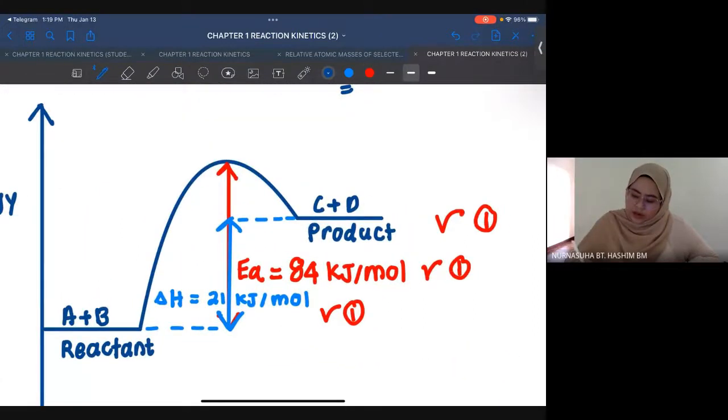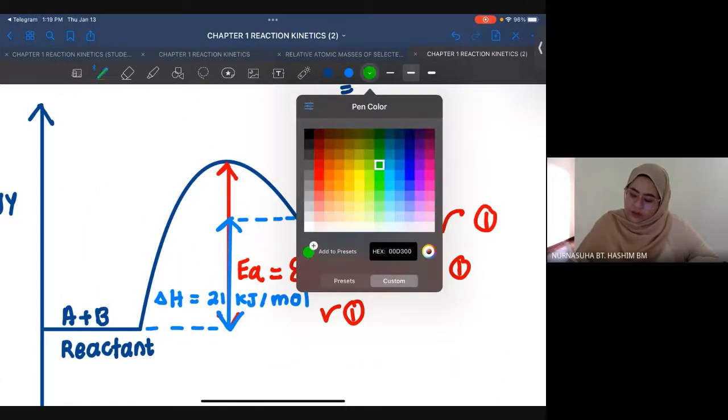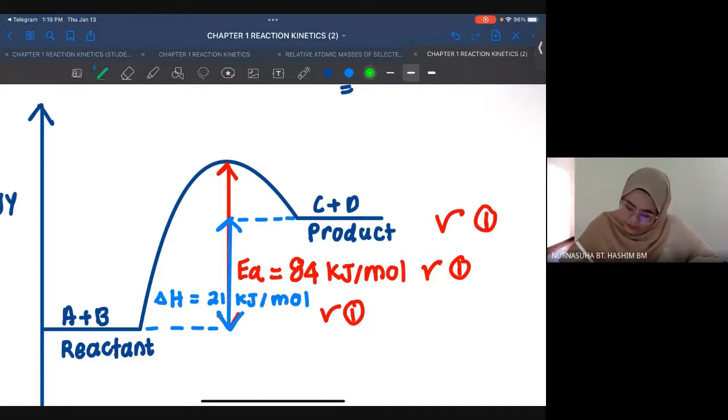Maksudnya, kalau produk nak jadi reactant, if the product wants to become reactant, the energy of product, produk mesti ada tenaga here.